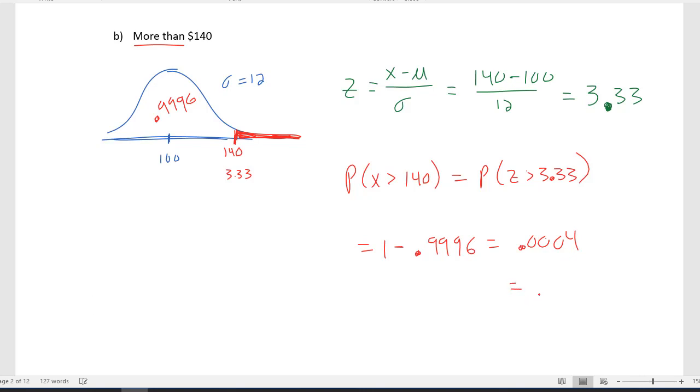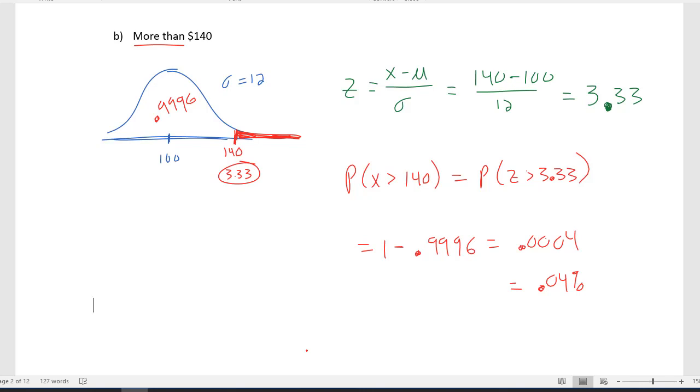If we think about this as a percentage, multiplied by 100, I get 0.04%. Right? And if we think in terms of data, positions from the mean, a z of 3.33 is really far from the mean. We had said any z's outside 2 standard deviations are called unusual because 95% is within 2 standard deviations. Within 3 standard deviations is 99.7% of the data.